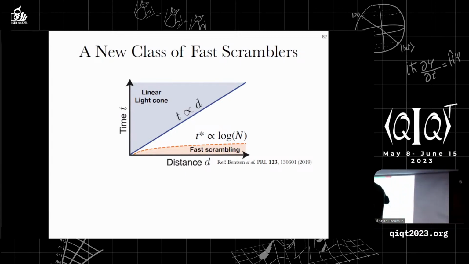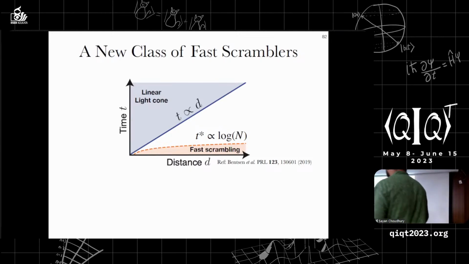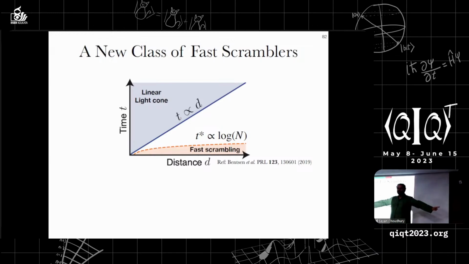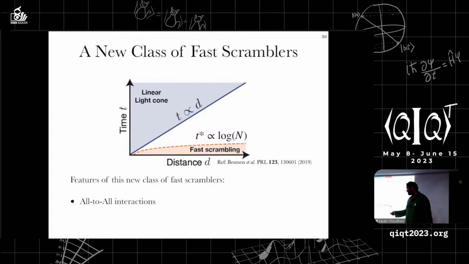Then the scrambling time will scale linearly with the system size n, but we want the t star to scale with log n. That means you need long-range interactions, which brings us back to the first part of the talk, where we were talking about all-to-all interacting systems. So the first thing we need is long-range interactions, ideally all-to-all.